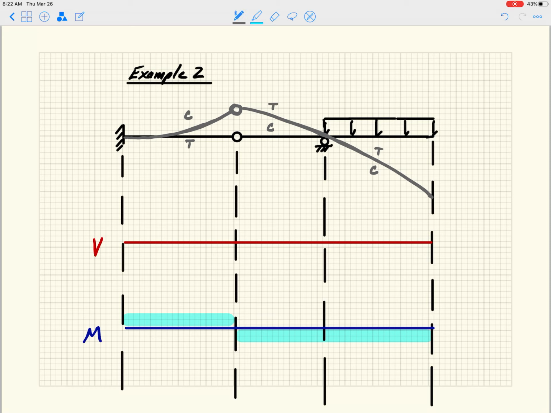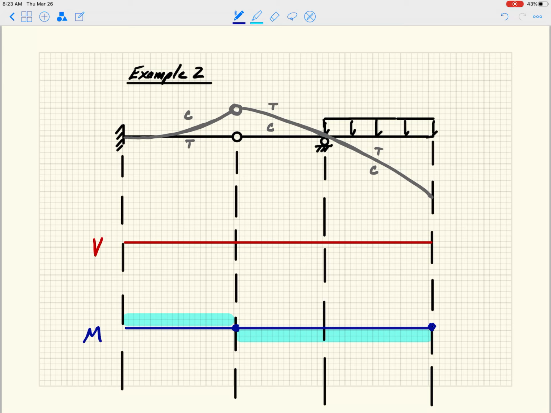So from the left-hand member here, we have no load there, so at most my moment diagram can be linearly varying. And I know that at the hinge, the moment has to be 0. And I also know that at this point, all the way over to the free end, my moment has to be 0.